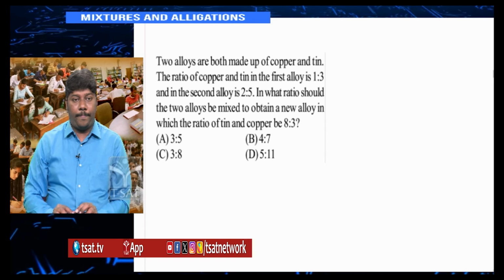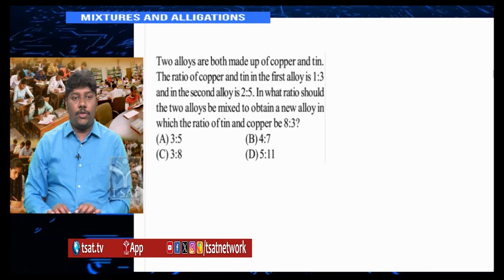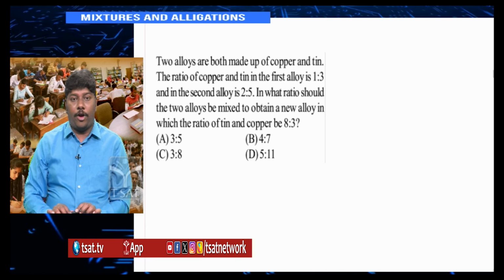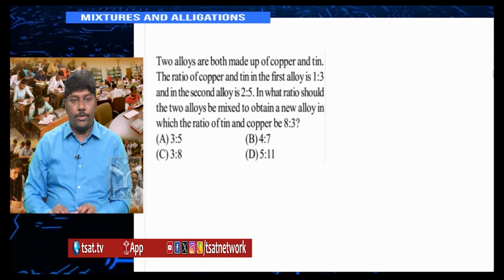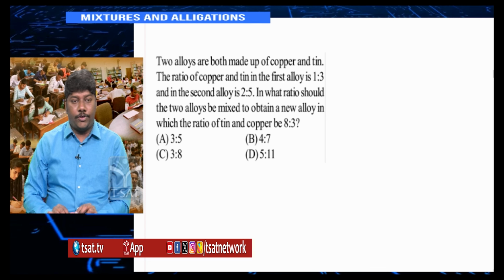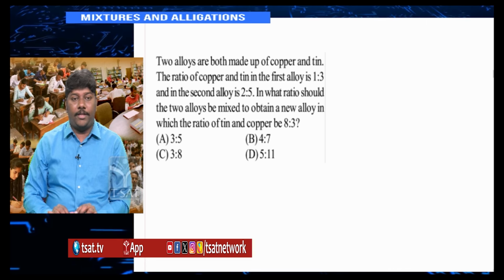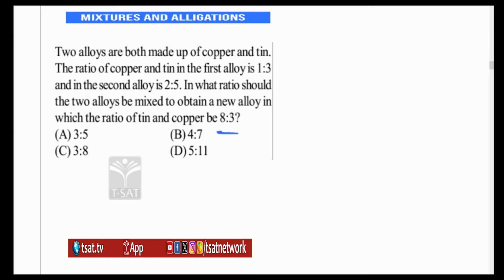Now look at this one. A typical form of mixtures and alligations. Two alloys are both made up of copper and tin. The ratio of copper and tin in the first alloy, alloy 1, is 1:3, second alloy is 2:5. In what ratio should the 2 alloys be mixed to obtain the new alloy in which tin and copper are in the ratio 8:3? In the first, what is copper and tin?